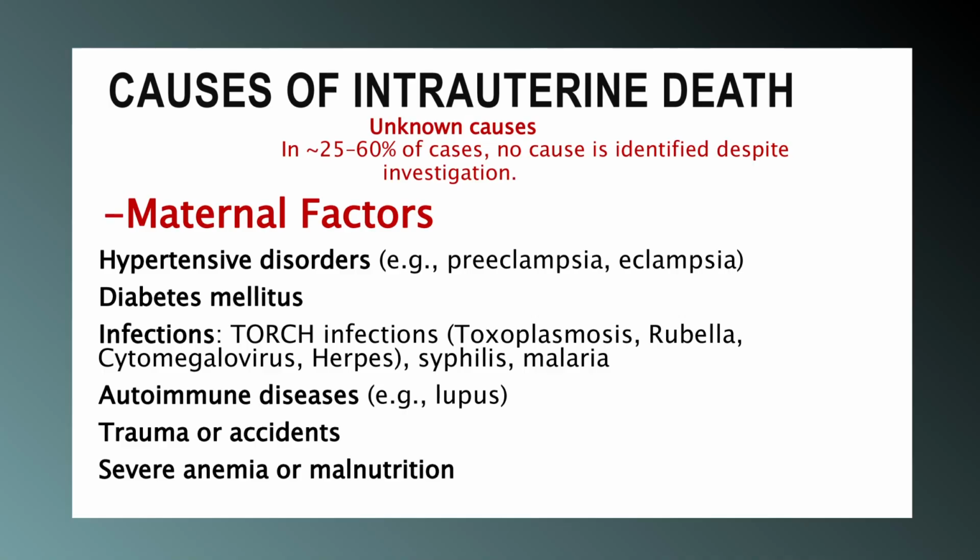The maternal factors include hypertensive disorders such as preeclampsia and eclampsia, then diabetes mellitus, infections such as TORCH, syphilis and malaria, autoimmune disorders such as lupus, trauma or accident, and severe anemia or malnutrition.